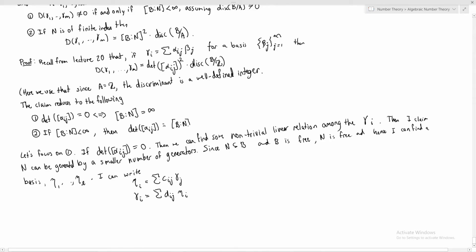Okay, so from these I get a couple of matrices, matrices C, D. How do I show that L has to be less than M?